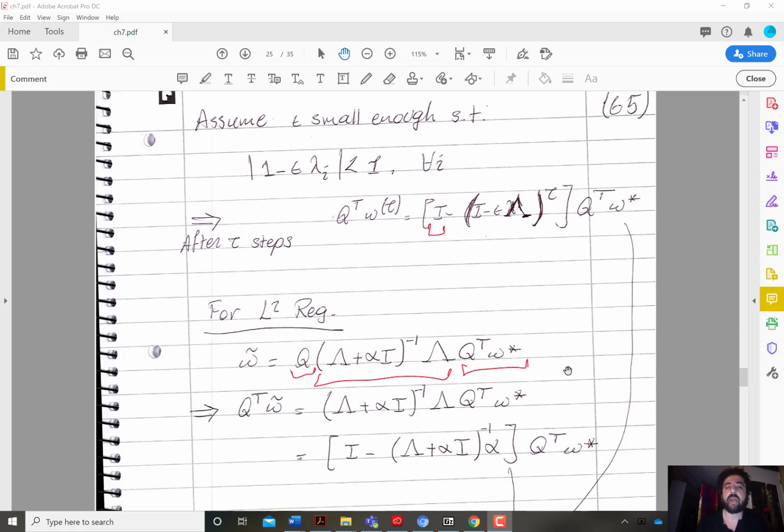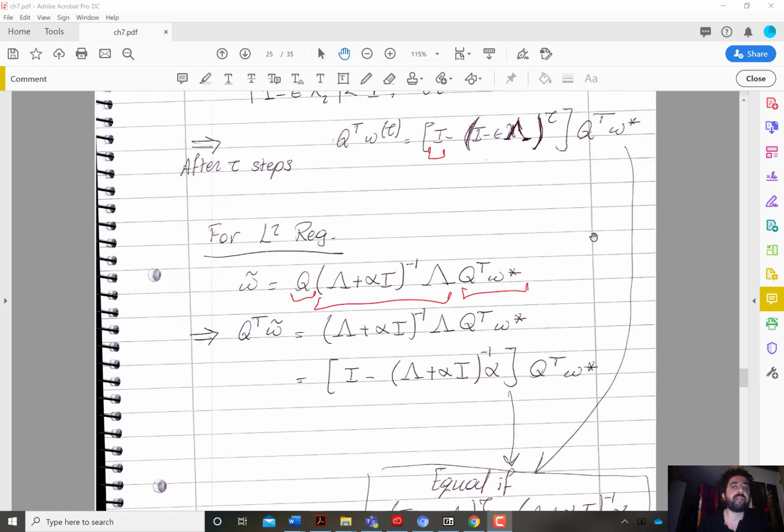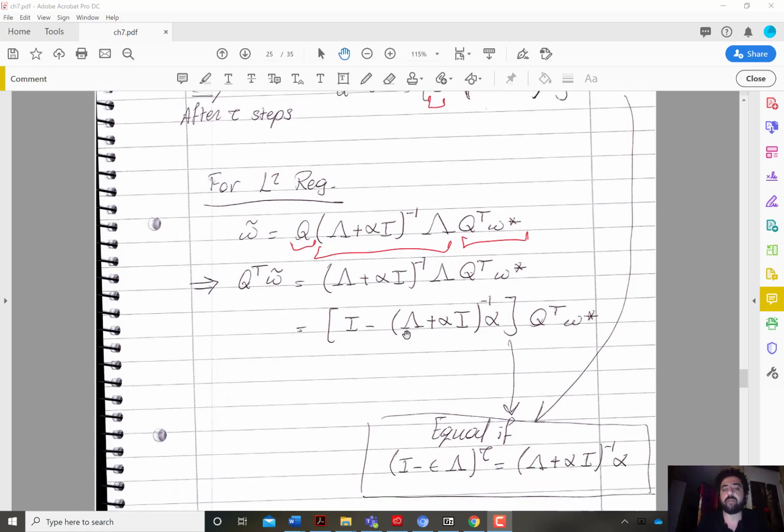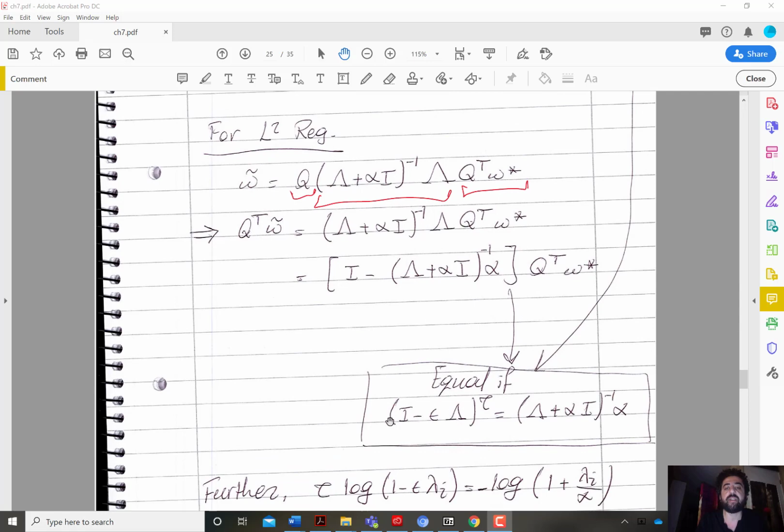And what's interesting about it is that this is equivalent to what we got through a similar approximation on the solution obtained through L2 regularization. Basically they are equal if (I minus epsilon lambda) to the tau equals (lambda plus alpha I) inverse times alpha.